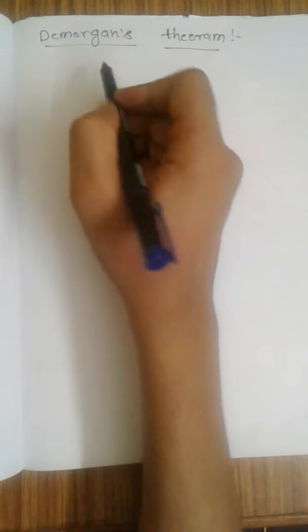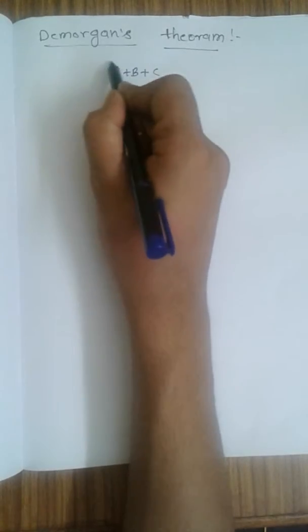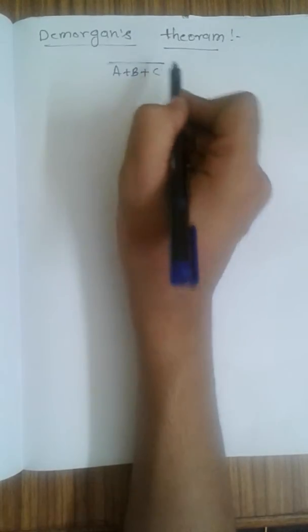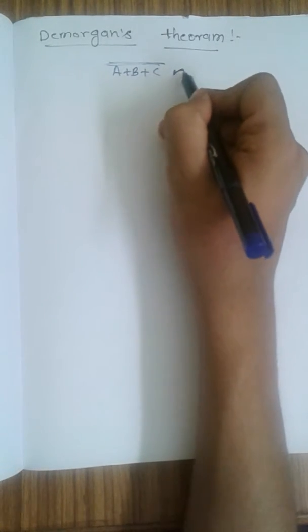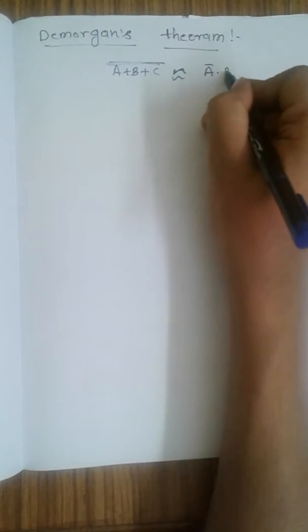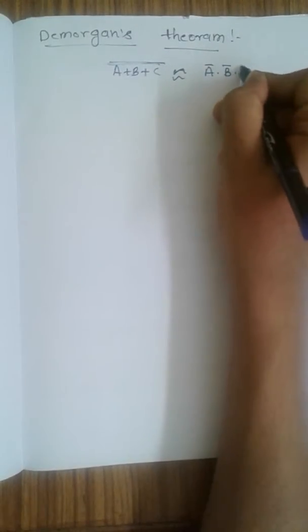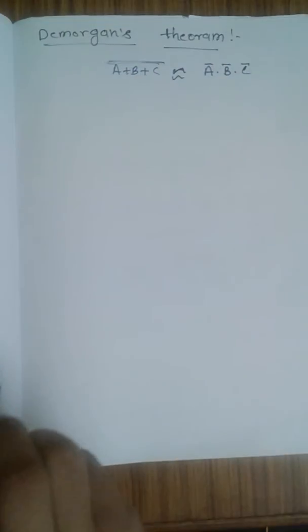Like I will give some examples, like a plus b plus c. If we take the whole complement, then it can also be written as a bar dot b bar dot c bar, meaning complement each and every term.